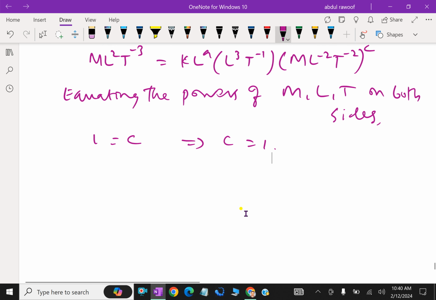Second, L: left side is 2, and here L is a plus 3b, and here minus 2c.